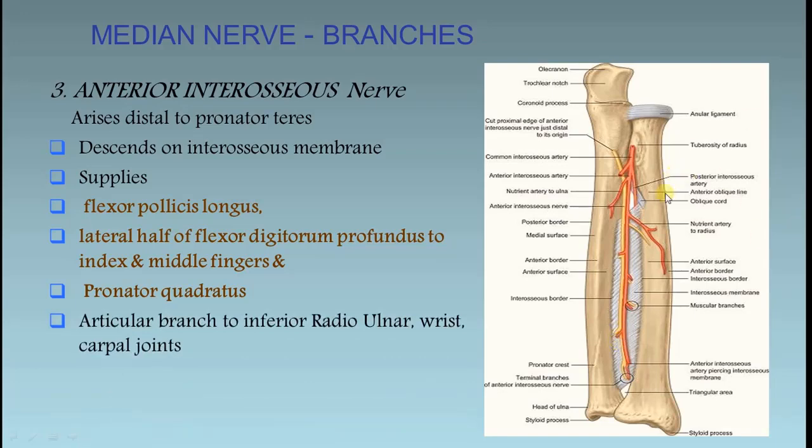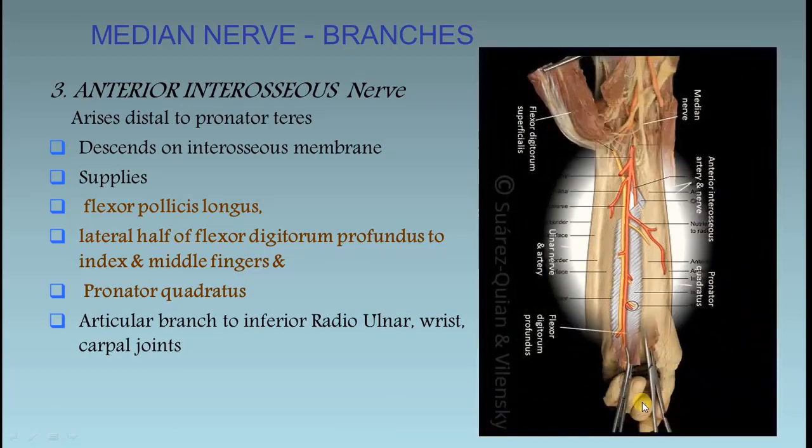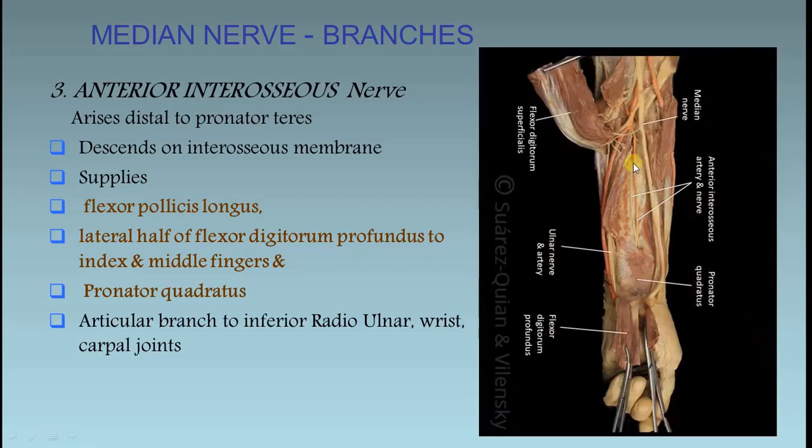It also supplies the inferior radioulnar and wrist joints. That is the anterior interosseous nerve in front of the interosseous membrane. The pronator quadratus muscle you are able to see here. Along with the anterior interosseous artery, it runs and supplies the deep muscles, and it passes deep to the pronator quadratus to supply the inferior radioulnar and wrist joints.